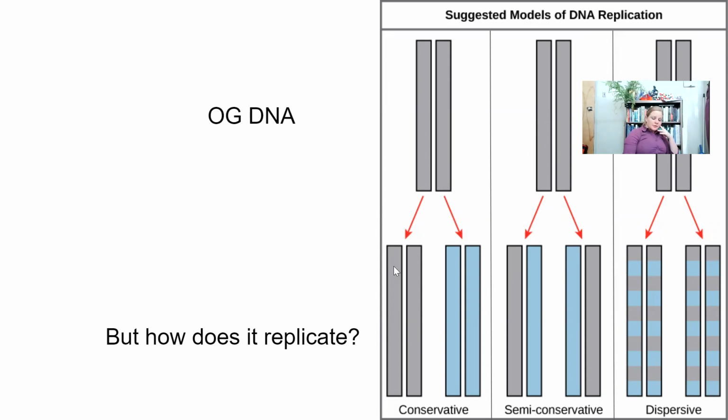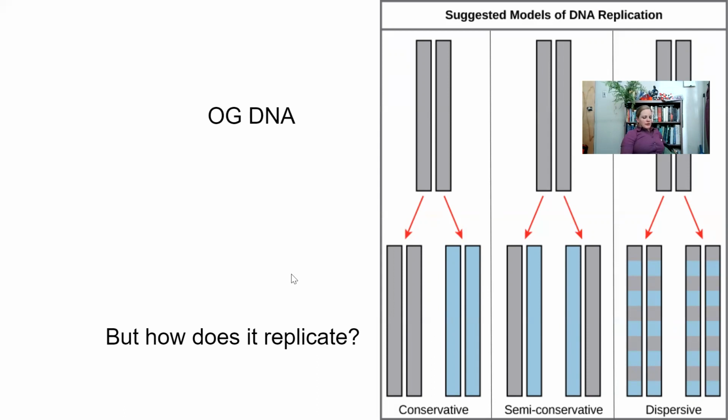The alternatives were the conservative model, where DNA replication occurs and we have a completely new double helix and our old double helix. And then the dispersive model says that the new stuff and the old stuff is dispersed in between the same strand of DNA.